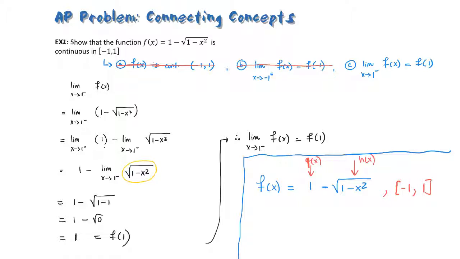This is usually what you can do really quickly as you're scanning through a problem. Think about it. Oh, constant, continuous. The radical function, yeah, but there may be some restrictions. So quickly look at the inner function. What happens in the interval -1, 1? Oh, the inner function is always positive. Great. So the radical will be continuous there too.